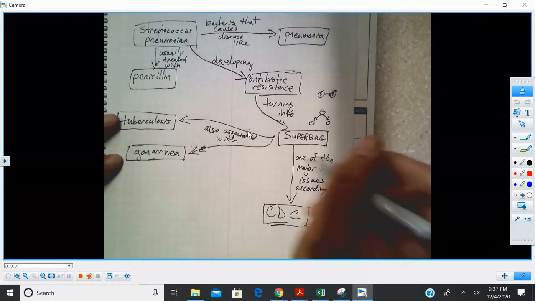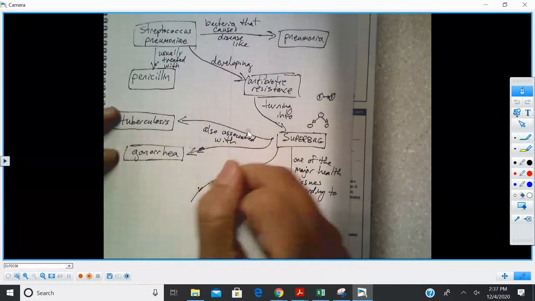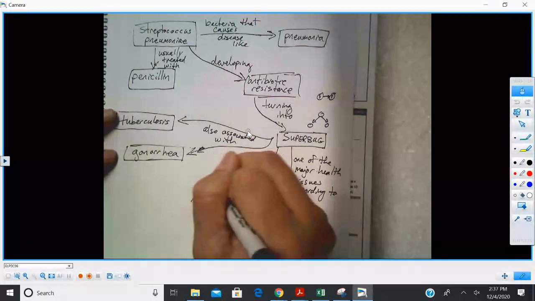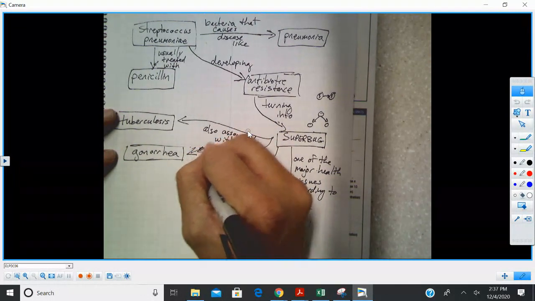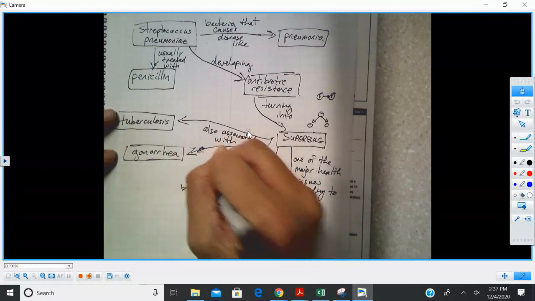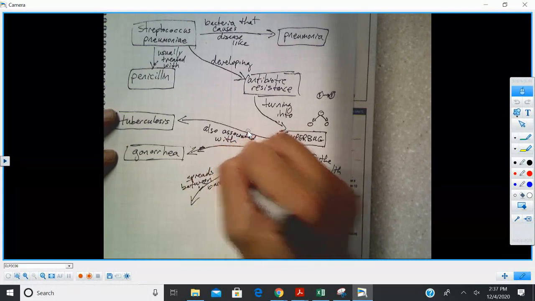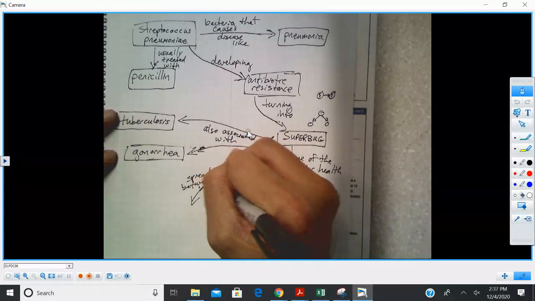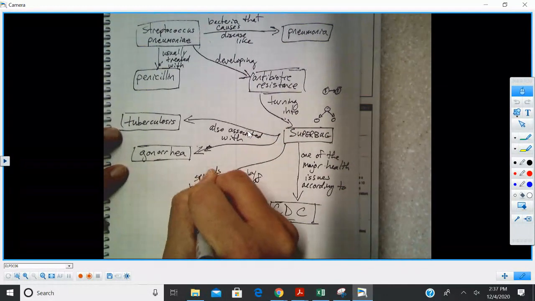And so the superbug can kind of spread. It spreads between bacteria by the transfer of DNA.